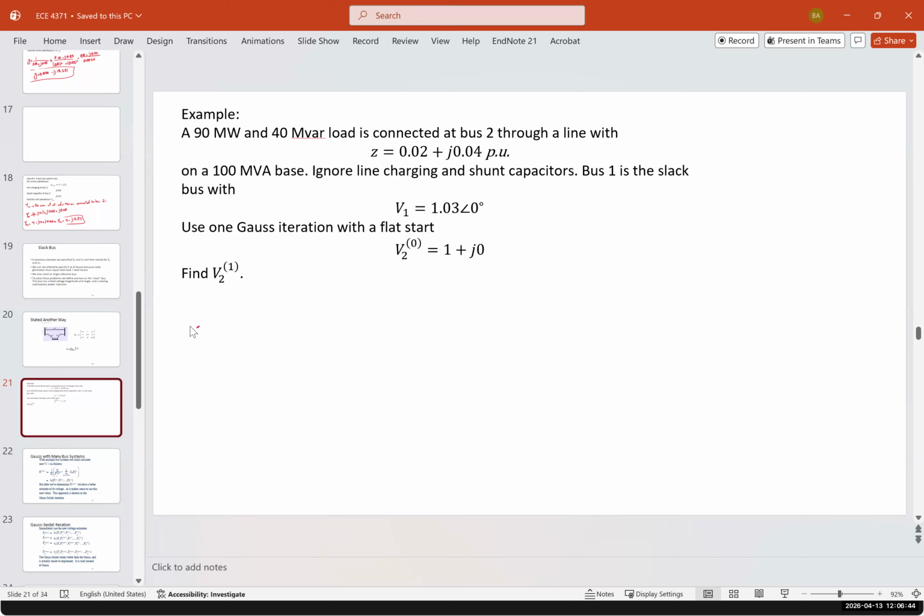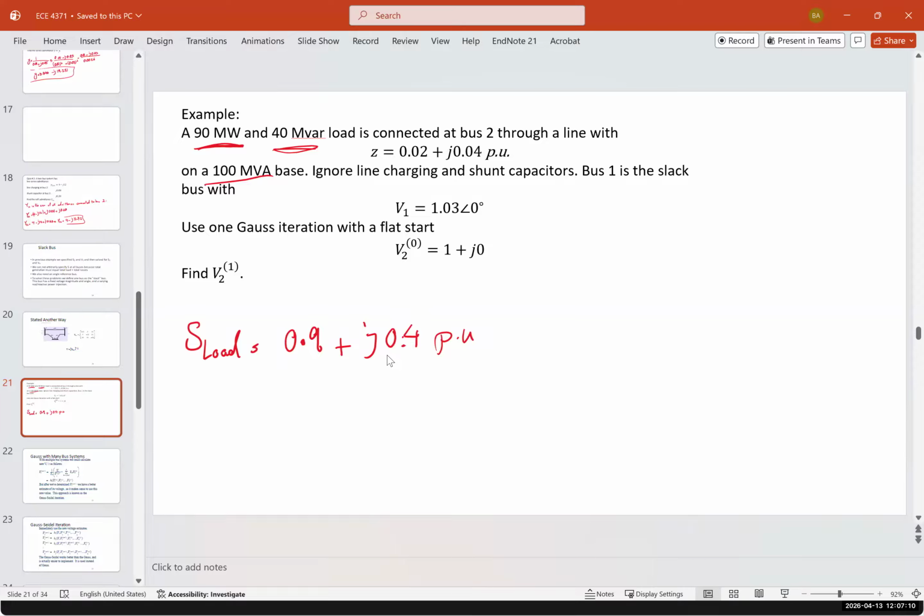So the first thing that we need to do is to convert the load to per unit. What is the real power? It's 90 megawatt, and what is the reactive power? It's 40 megavolt amp reactive. So we will convert this to per unit on a 100 megavolt amp base, so this is going to be 0.9 plus j0.4 per unit.